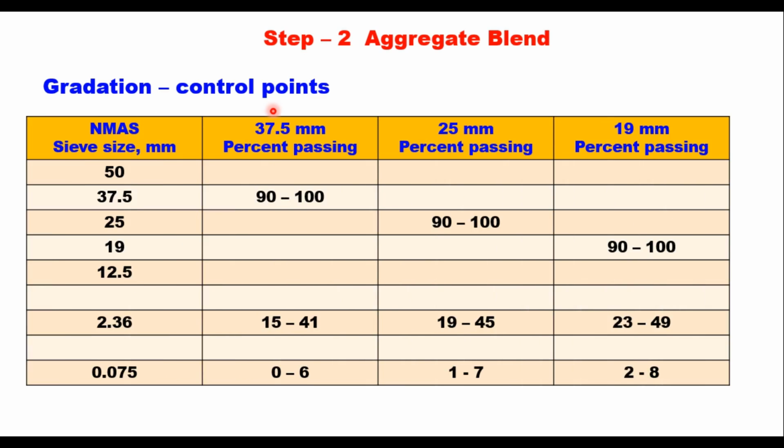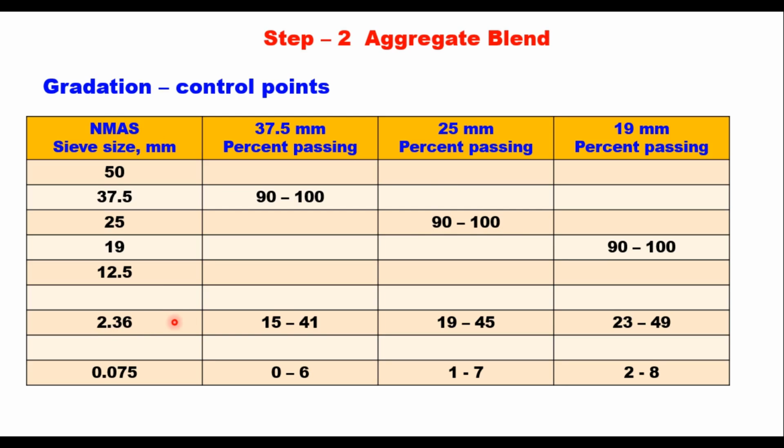The second step is aggregate blend. In aggregate gradation, certain control points are specified in the Superpave mix design procedure. This is nominal maximum aggregate size of 37.5 mm. Percent passing at this size should be 90 to 100%. Similarly, if NMAS is 25 mm, then the percent passing at this sieve should be 90 to 100%.